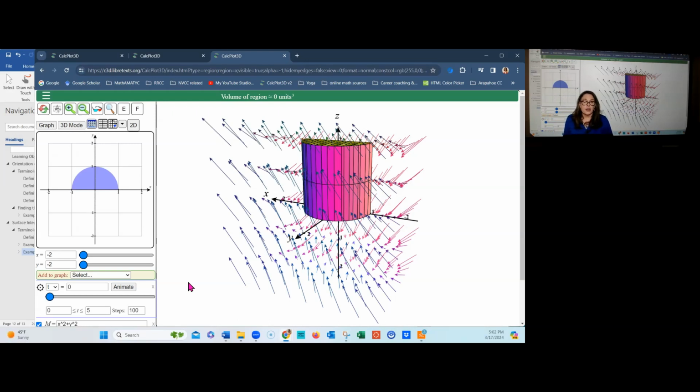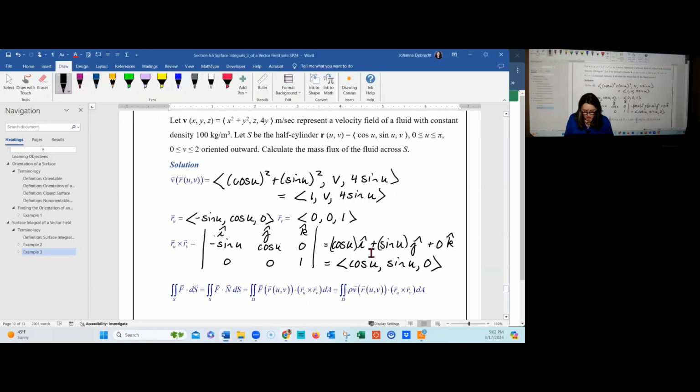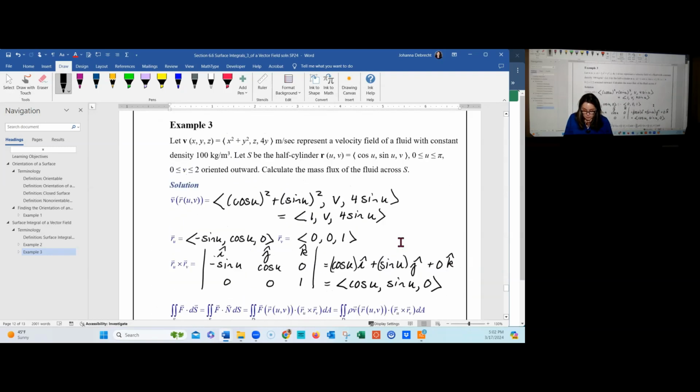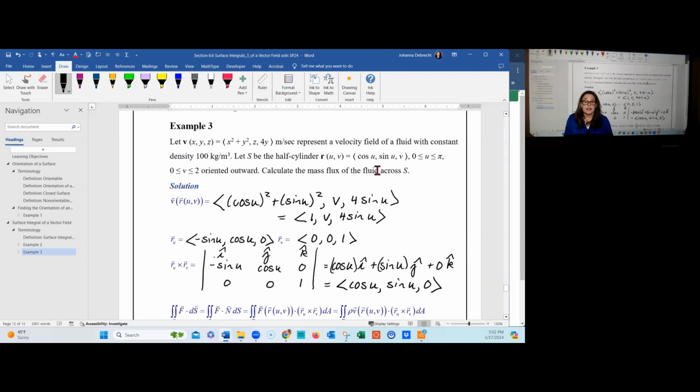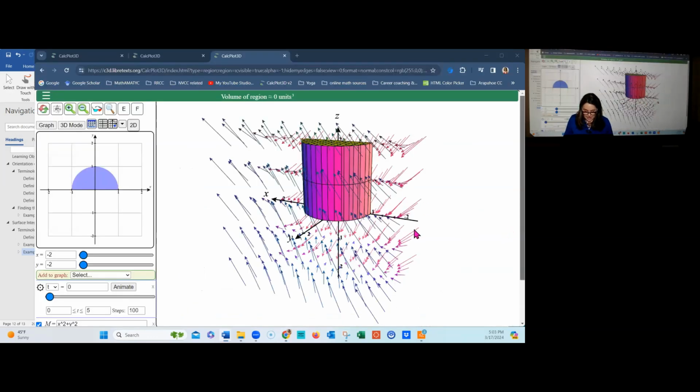We've got a vector of -1, 0, 0 corresponding to what point on our particular graph. If we look here, we can allow v to be any value that we want, and we can choose u, in this case, to be pi. Cosine pi is -1, sine pi is 0. So for any value of v, we've got an edge from -1, 0 to any value between 0 and 2 on the z-axis.